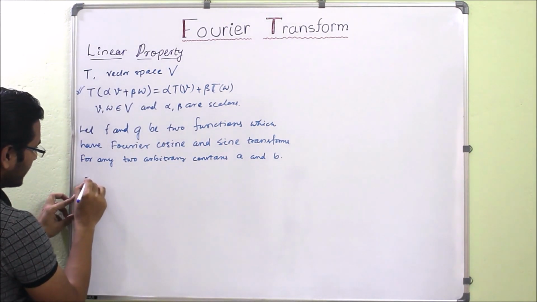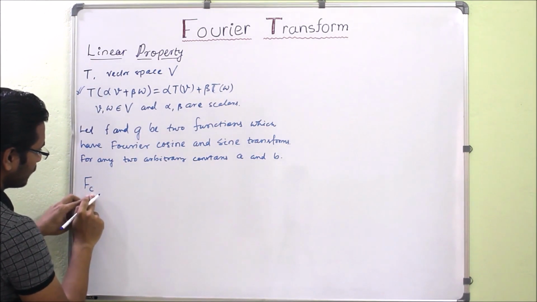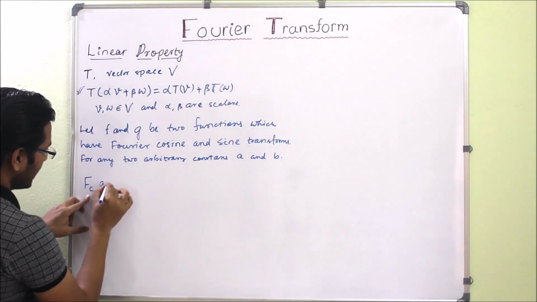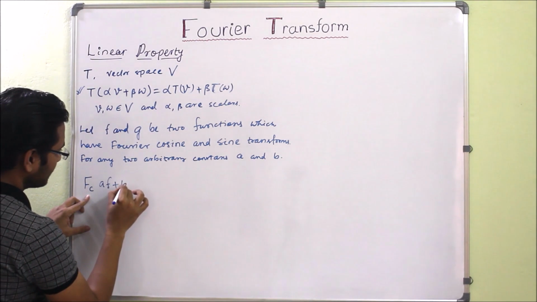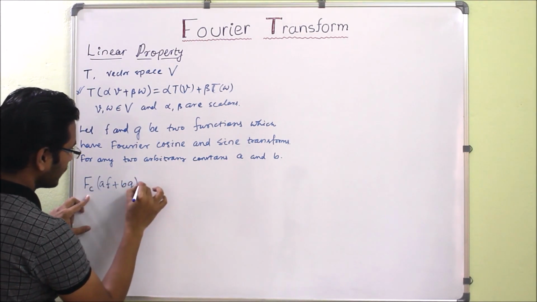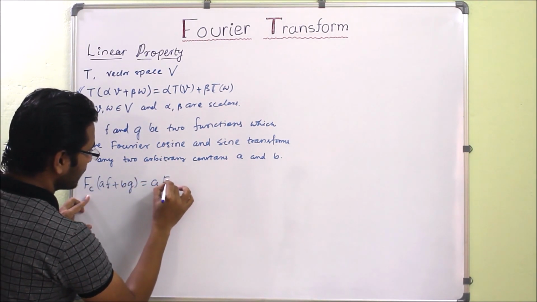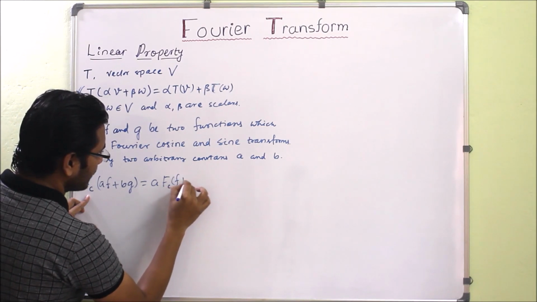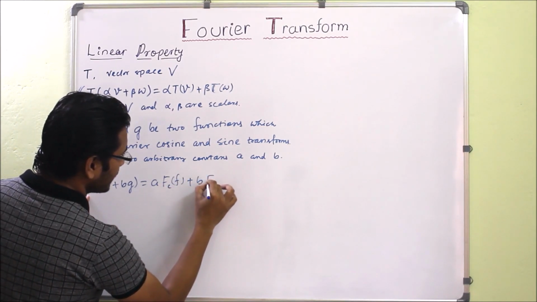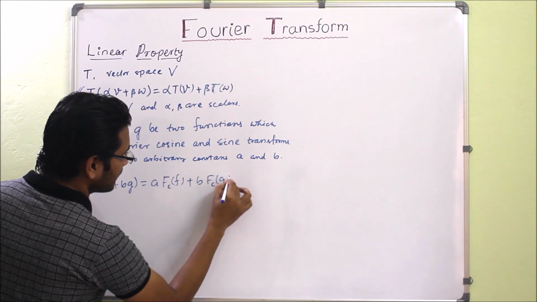The linear property will be FC, meaning Fourier cosine transform of AF plus BG equals A times Fourier cosine transform of F plus B times Fourier cosine transform of G.